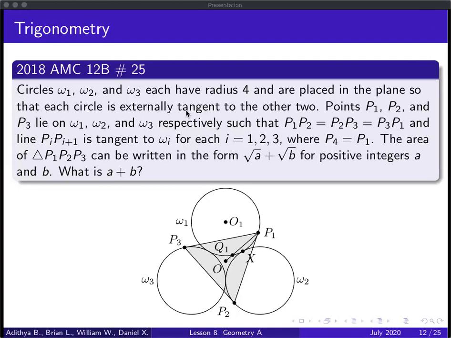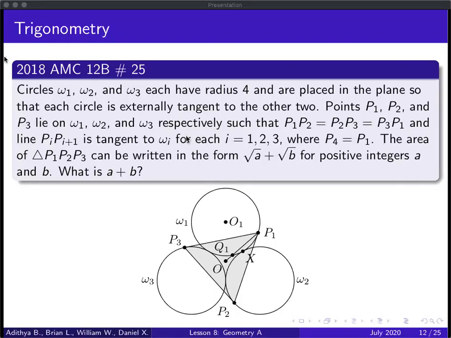So did everyone get a chance to read this one over and draw a diagram? Okay, I'll take that as a yes. So does anyone have any ideas for how to get started?